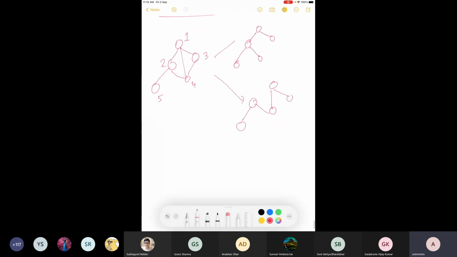So now tell me, would it be easy to guess what is the graph structure if you are given a DFS tree? Suppose I give you this structure, will you be able to? No, sir, there are many possibilities.